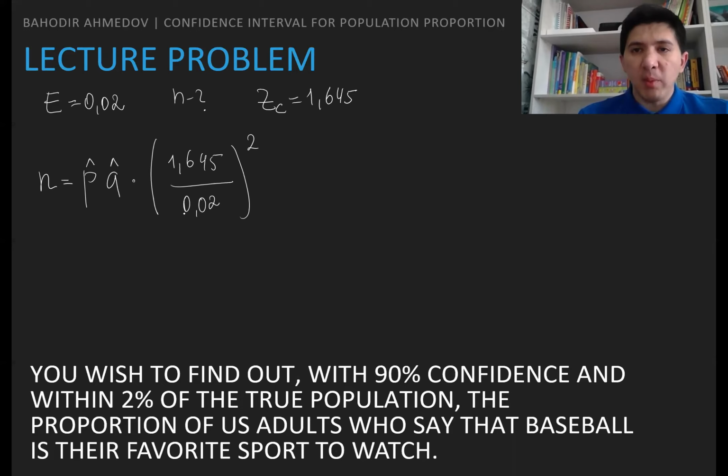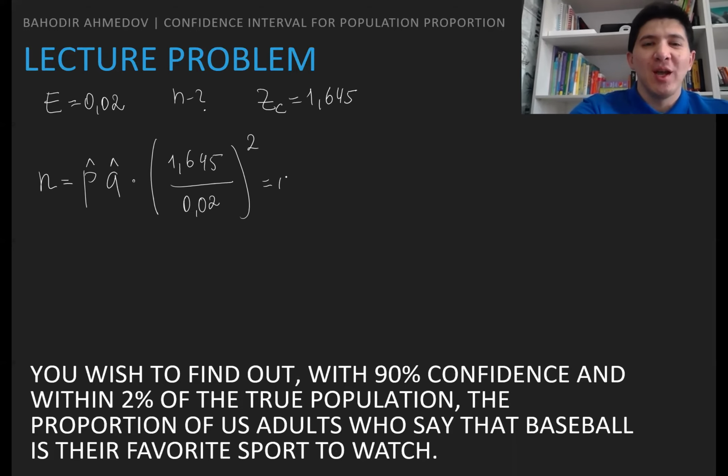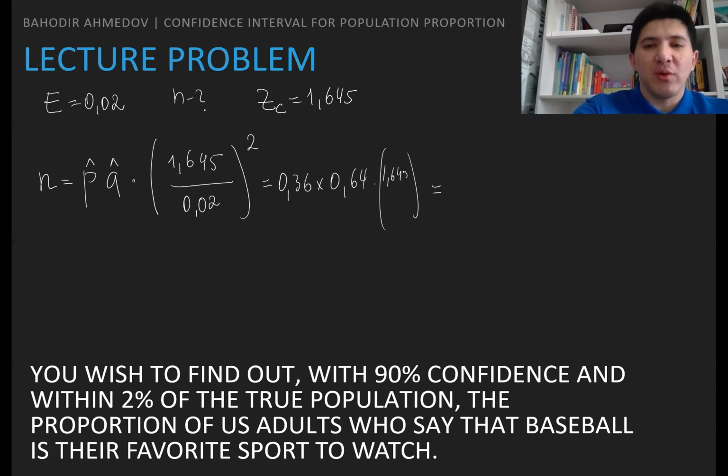The only problem is you also need to know p hat and q hat. For example, if you are sitting in a statistics lecture and you've seen this problem before, you might know that p hat is equal to 0.36, and q hat is 0.64, times 1.645 divided by 0.02, squared.